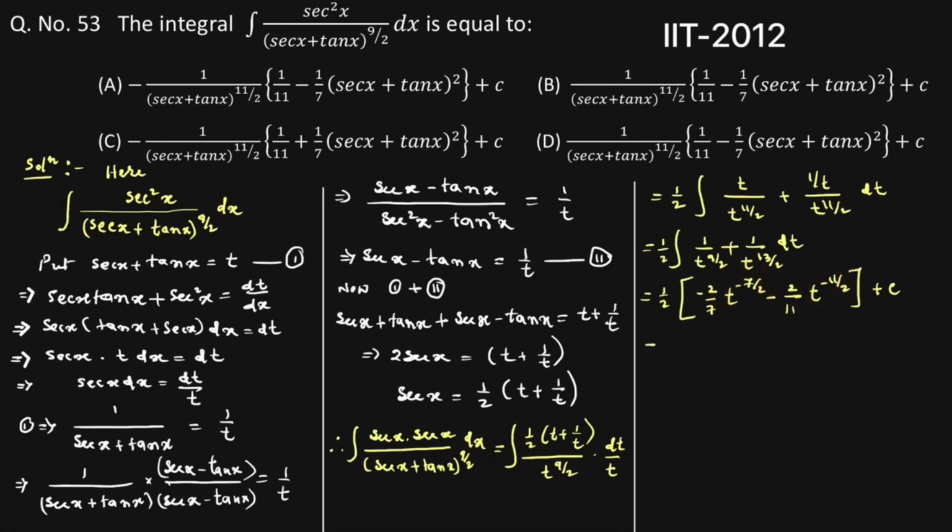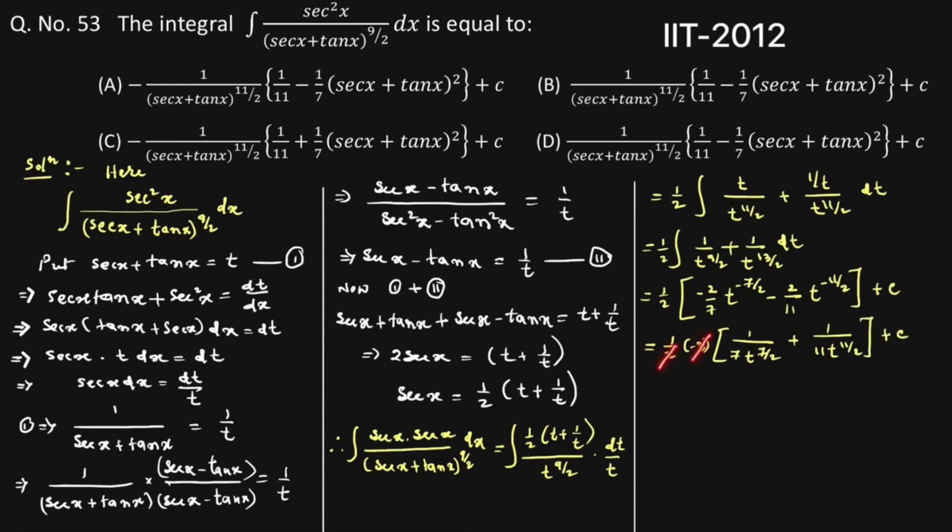Then this is equal to 1 by 2 minus 2 we take common, and this is 1 divided by 7 t to power 7 by 2 plus 1 divided by 11 t to power 11 by 2 plus c.